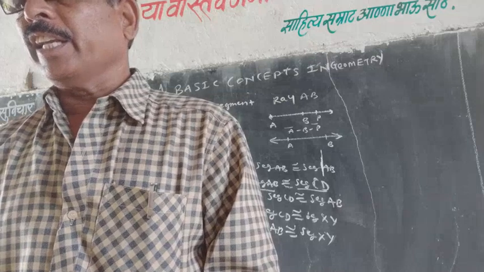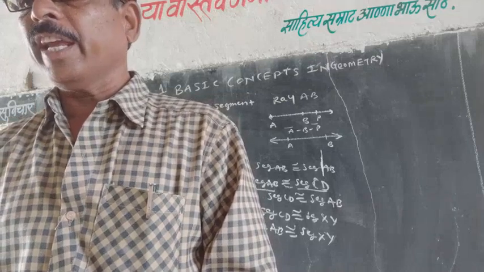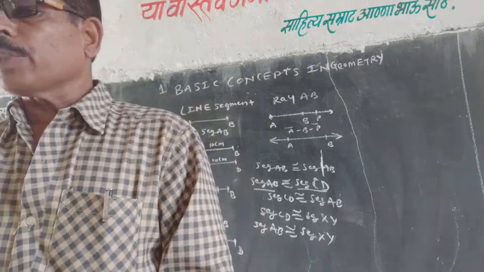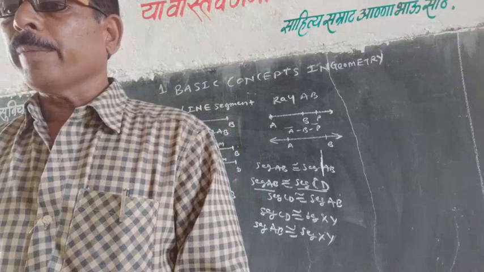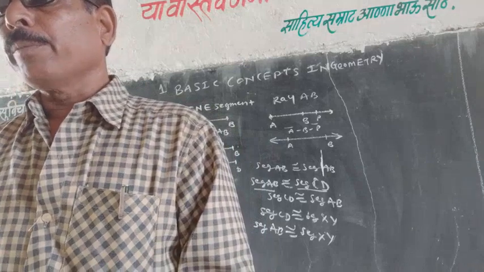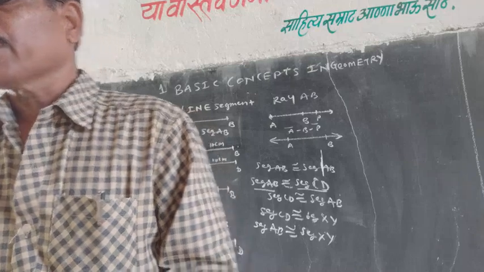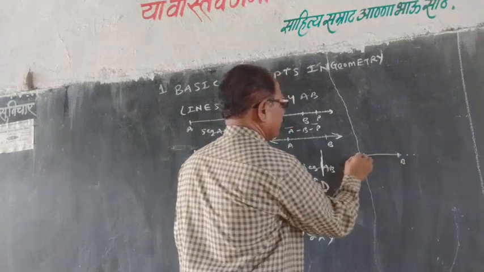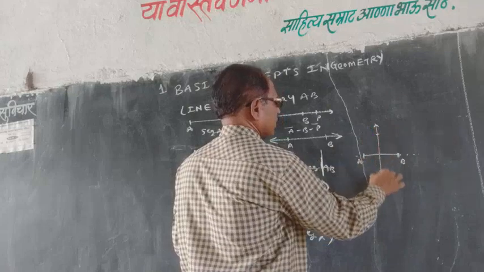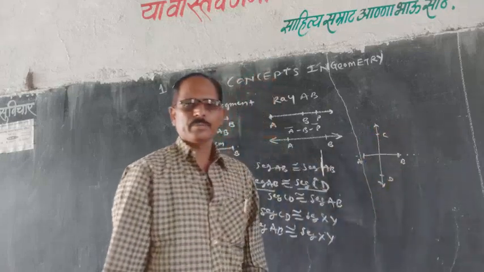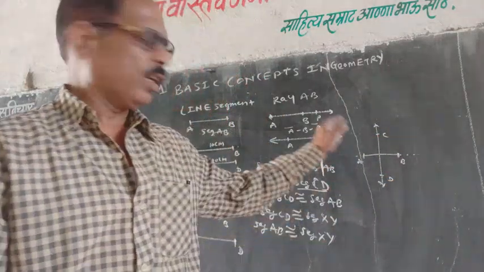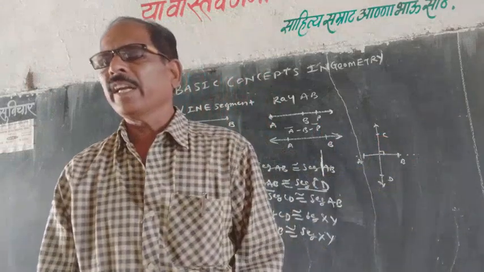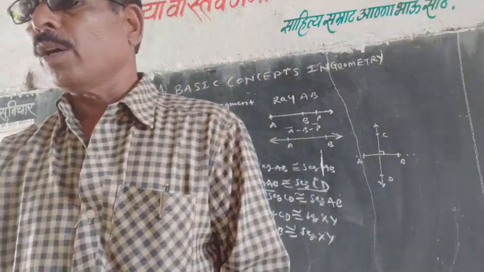If the lines containing two segments, two rays, or a ray and a segment are perpendicular to each other, then the two segments, two rays, or the segment and the ray are said to be perpendicular to each other, written as segment AB, line CD, ray OC or OD, perpendicular to each other.